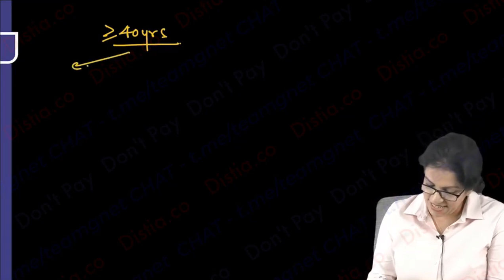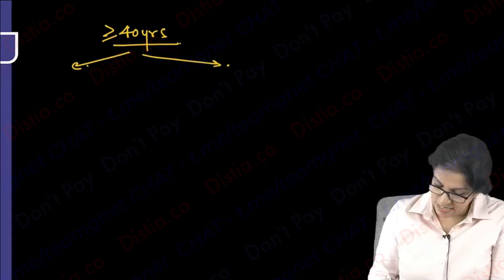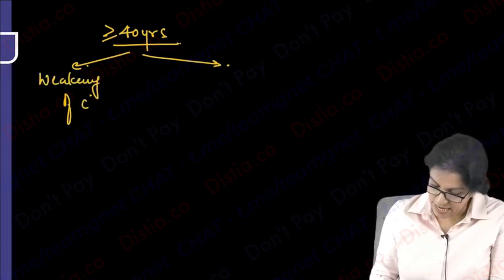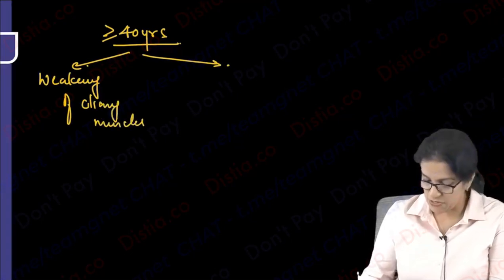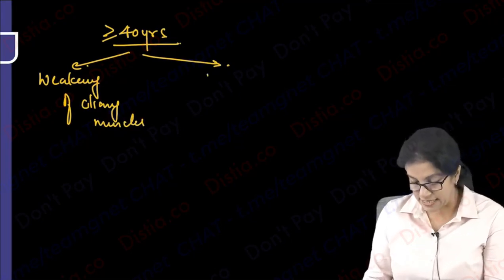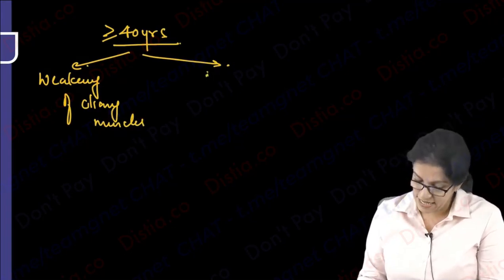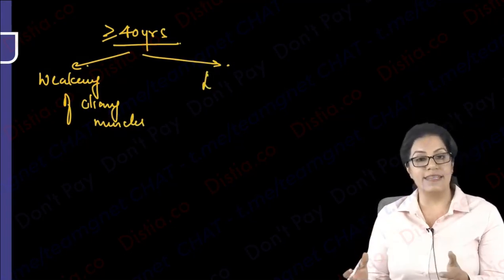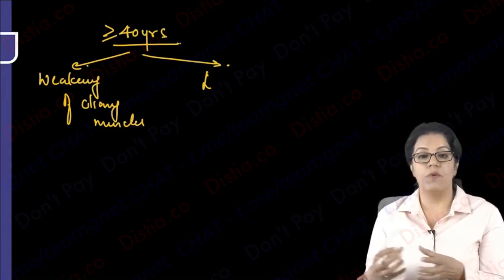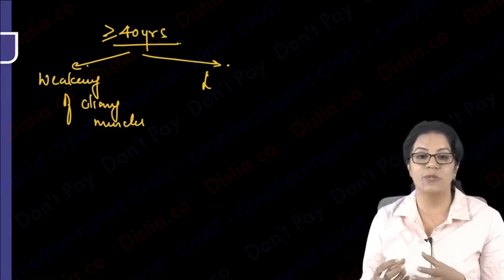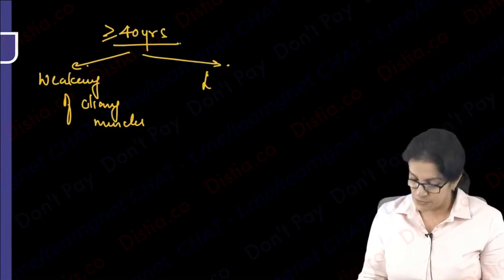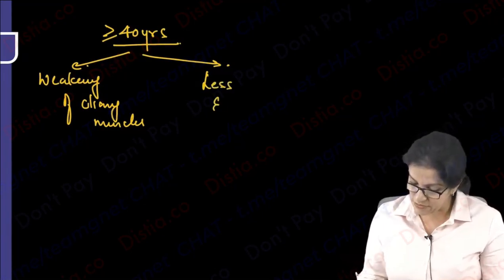One is weakening of ciliary muscles, and the second is less elasticity of the lens. When the lens is less elastic, it means there is rigidity. It won't change its shape so easily. This is what we mean by less elasticity of the lens.